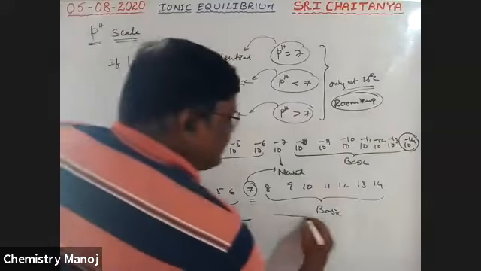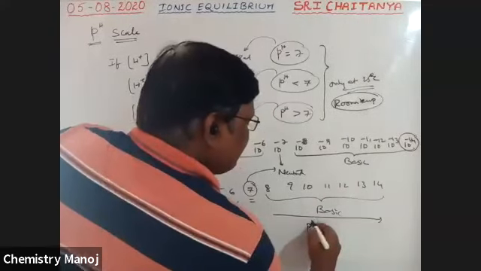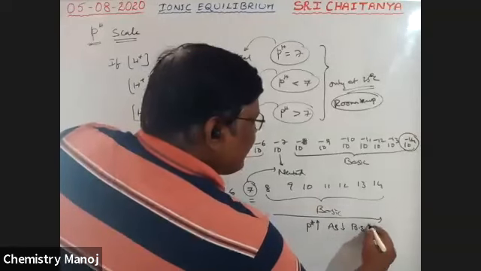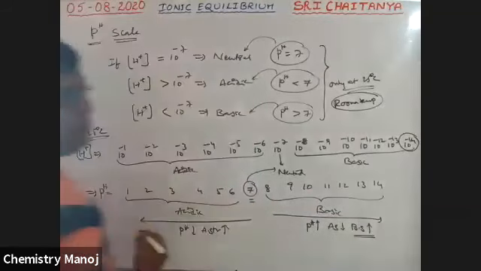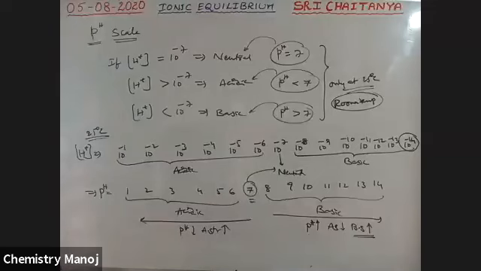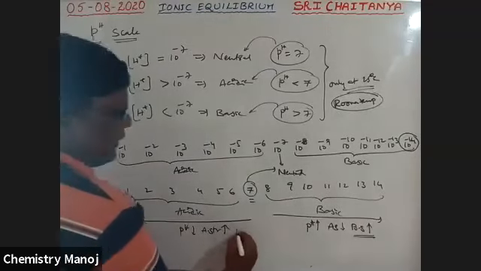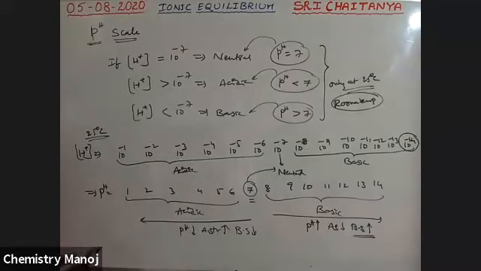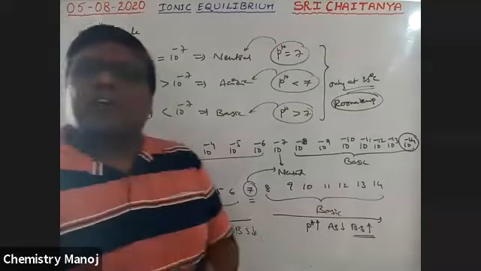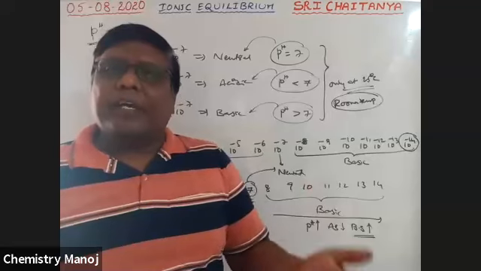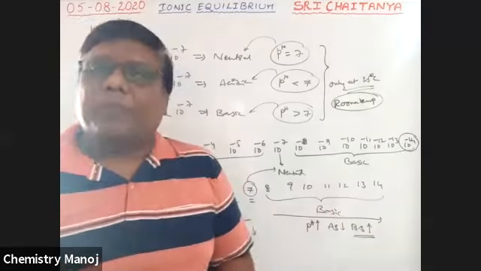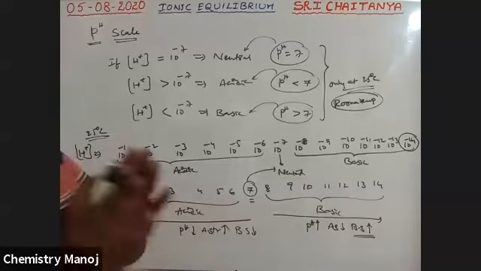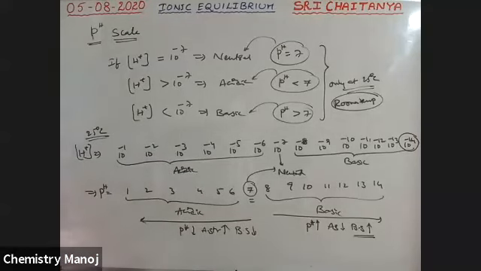Next, as pH value increases, acidic strength decreases and basic strength increases. That means lower pH is more acidic and higher pH is more basic. So acidic and basic natures are clearly explained on the basis of this pH value.